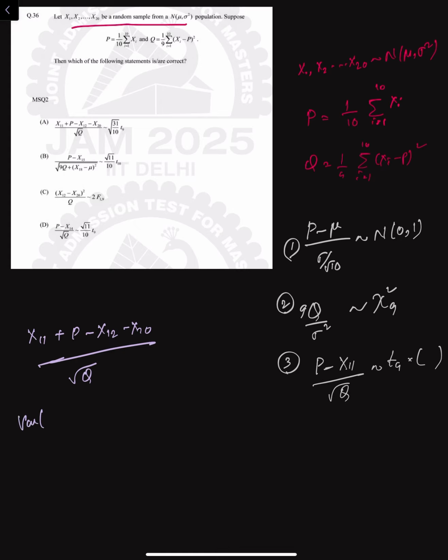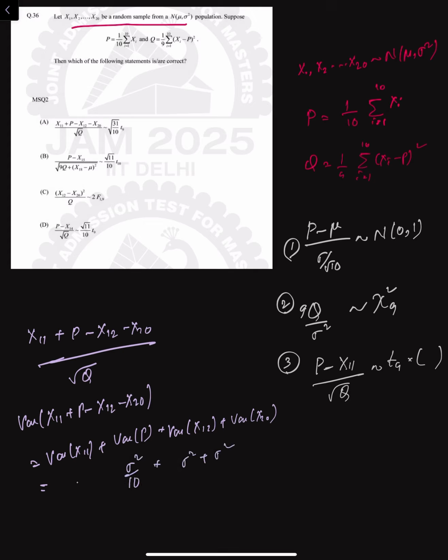So the variance of x11 plus p minus x12 minus x20 is just the sum of those variances: variance of p plus variance of x12 plus variance of x20. We know the variance of p is sigma squared by 10, and the rest will just be sigma squared. So that means it is 31 sigma squared by 10.